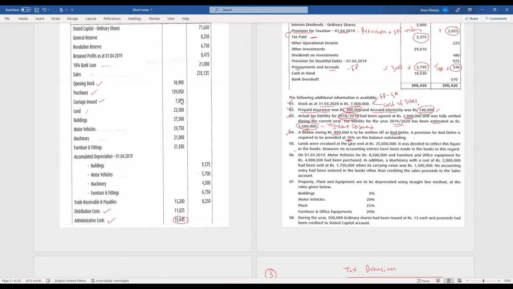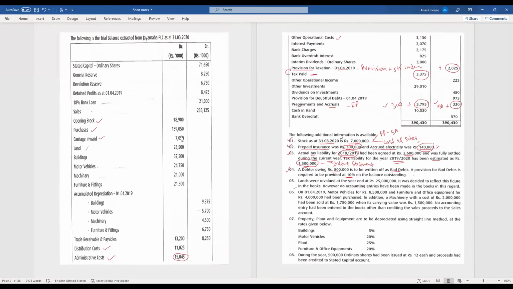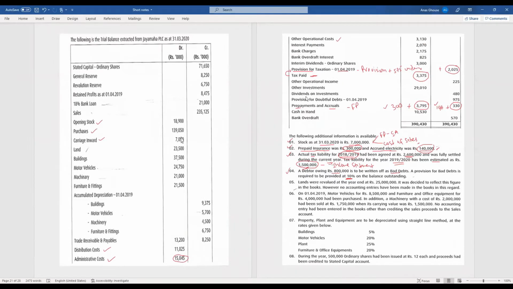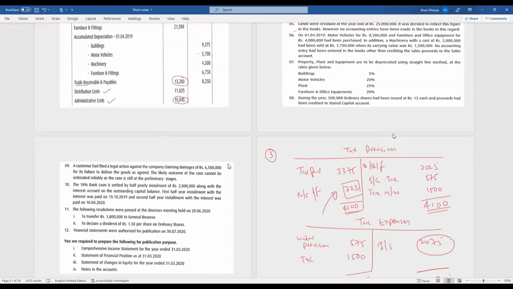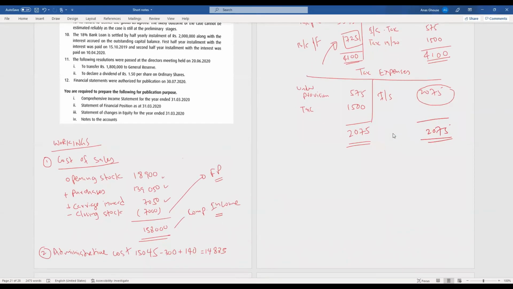Okay, so if you look at the trial balance, you can see our total receivables, trade receivables given as 13,200,000, and also you can see the provision for doubtful debts 975. Okay, so let's take those two figures and we'll work out note number 4.